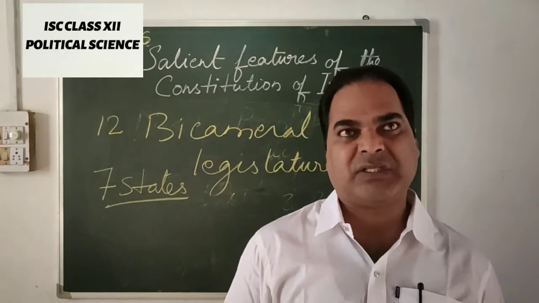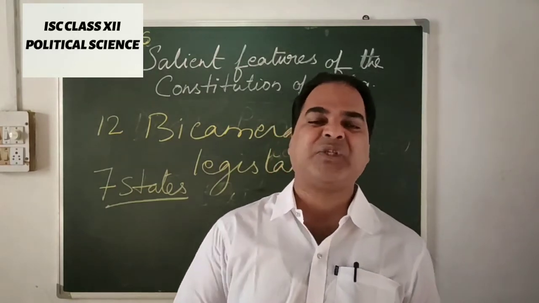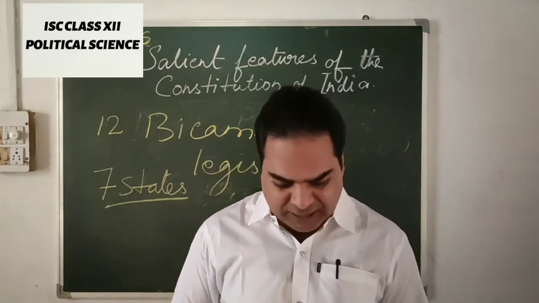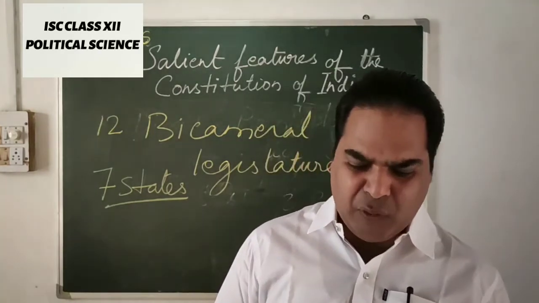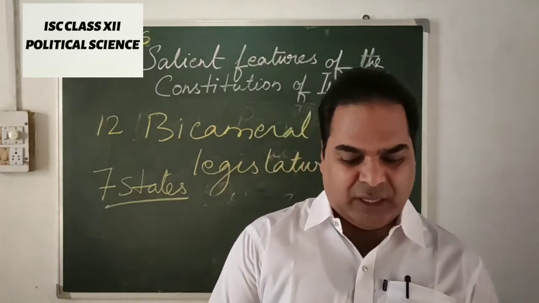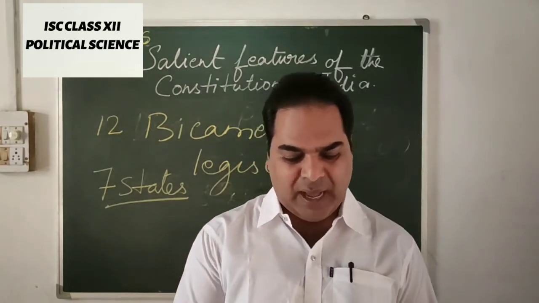So which are the states? Number 1 Andhra Pradesh, number 2 Bihar, number 3 Uttar Pradesh, number 4 Jammu and Kashmir. Then we have Karnataka, Telangana and Maharashtra.